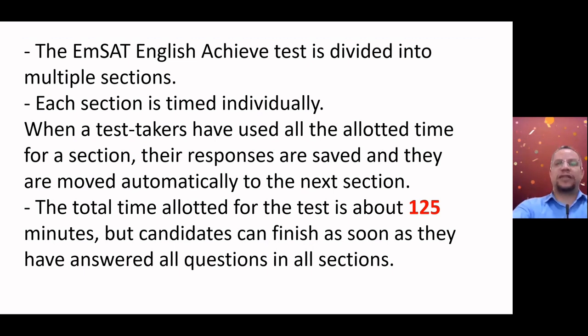I mean, you have a countdown timer, and the timers are allocated to each type of question. Each section is timed individually, and when test takers have used all the allotted time for a section, the responses are saved automatically and they are moved automatically to the next section.